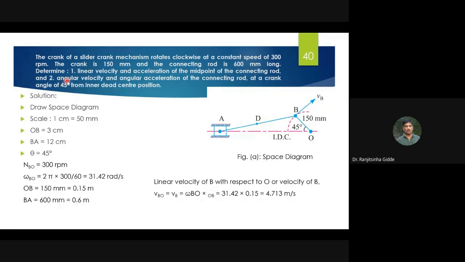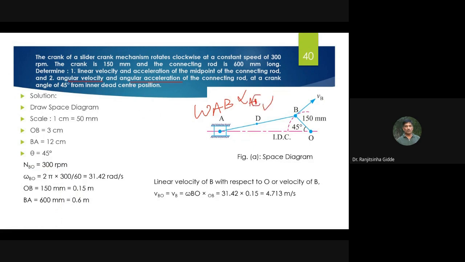Second, the angular velocity and angular acceleration of the connecting rod. So again we need to determine omega AB, that is, the angular velocity and angular acceleration for this connecting rod.